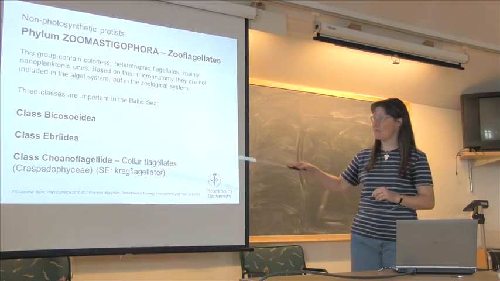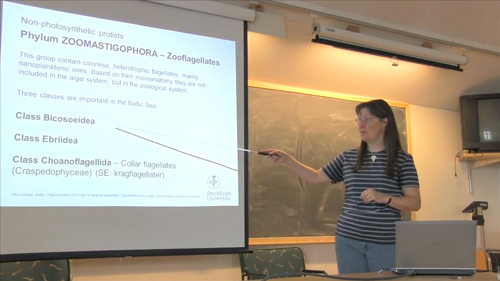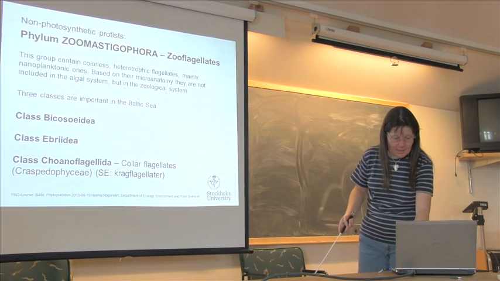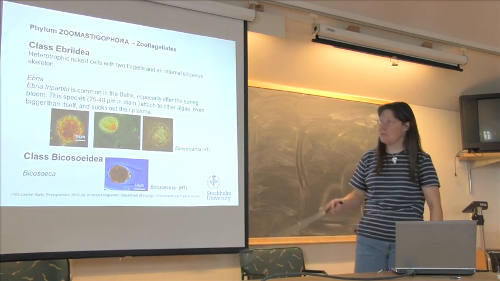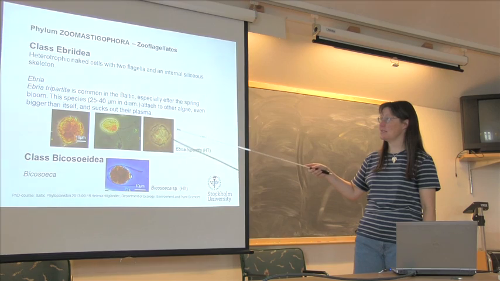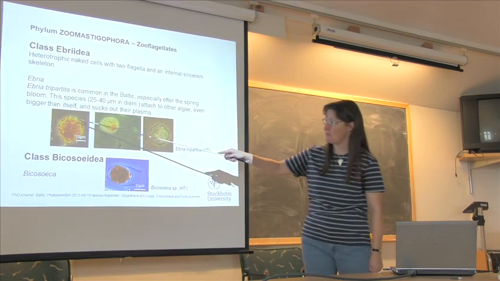And these three groups are the most important for the Baltic Sea, and especially this Ebria. And if we look at Ebria, there is one species in the Baltic. It's mainly Ebria tripartita. It has this siliceous skeleton inside that divides the cell into three parts.